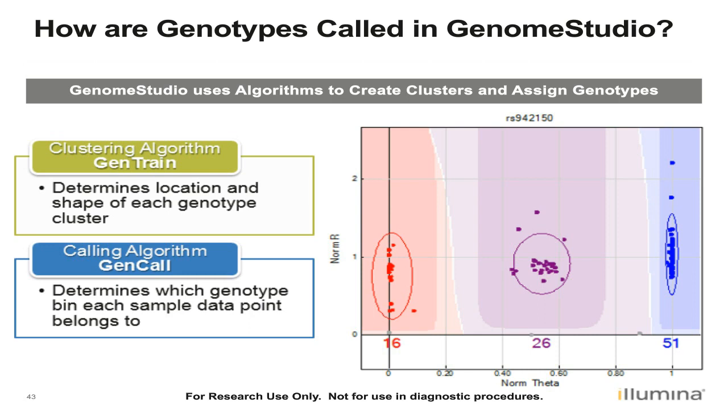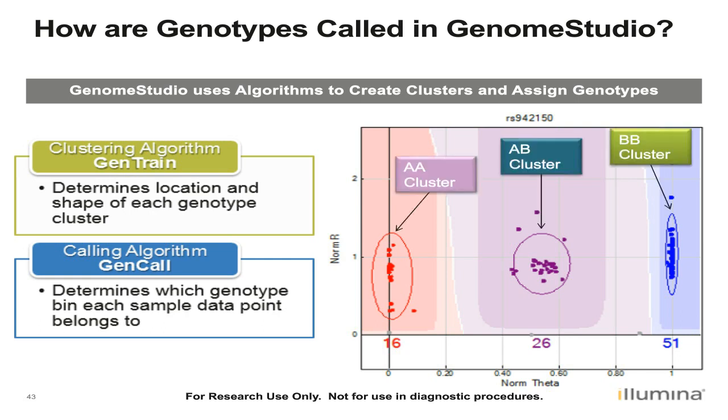The clustering algorithm is called GenTrain, and this determines the location and shape of each genotype cluster. Another algorithm is the GenCall algorithm, and it determines which genotype bin each sample data point belongs to. So in this example, the GenTrain algorithm was able to determine where the AA, AB, and BB clusters are, whereas the GenCall algorithm will determine where the data points fall.